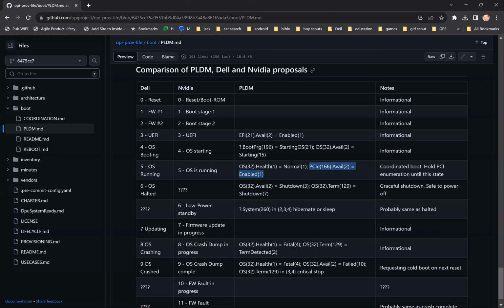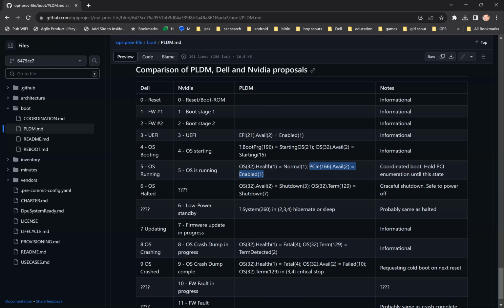First thought I had was, okay, we needed something additional. So I said, okay, well, it's the combination of both OS is normal and PCIe is enabled, right? But if I was a DPU vendor, PCIe enabled would be more like PCIe enabled from the point of view of the ARM cores, not from the point of view of the card itself.